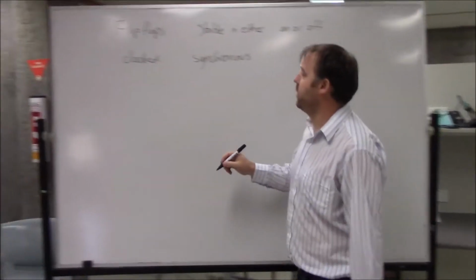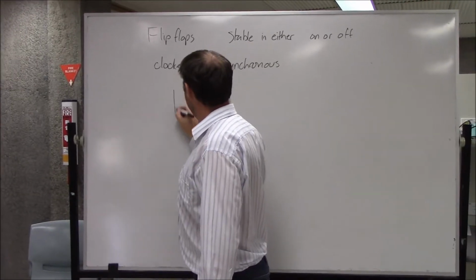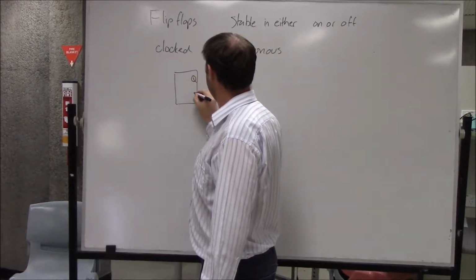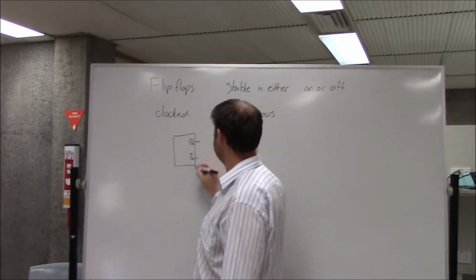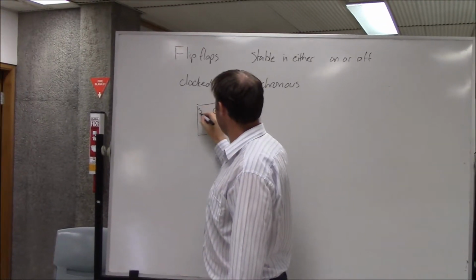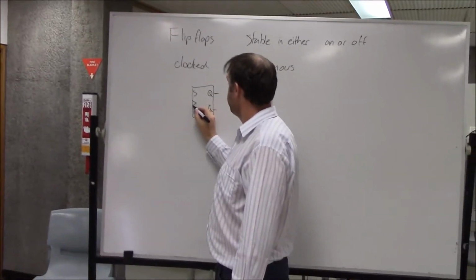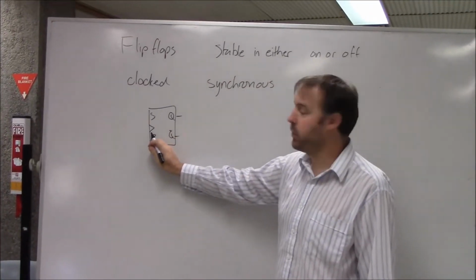Alright, okay, so a clocked SR has a very similar symbol. Again, we've got Q and Q bar outputs. We've still got our S and our R inputs, but now we've got a clock. So that is the symbol for a clock input.